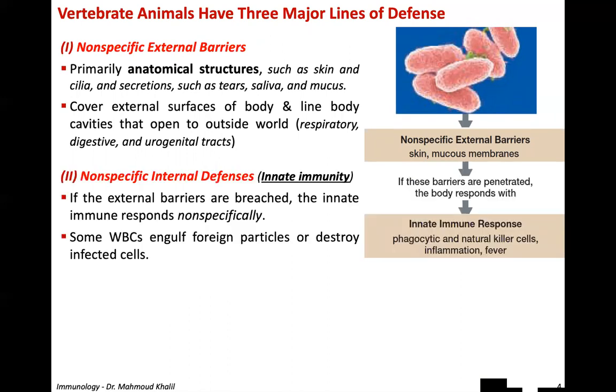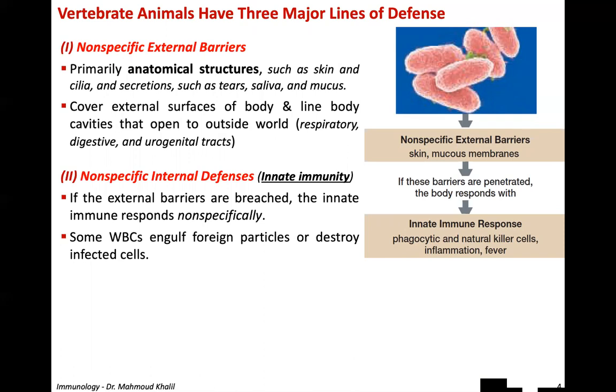The second line of defense is a non-specific internal defense, which is termed the innate immunity. And this works if the external barriers are breached. This innate immunity responds non-specifically, because you majorly have 2 kinds of cells, either phagocytic cells or natural killer cells.